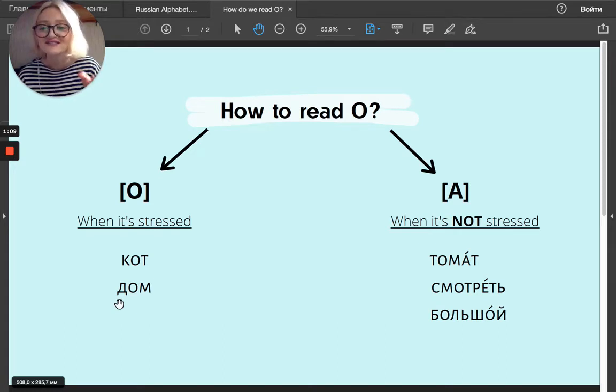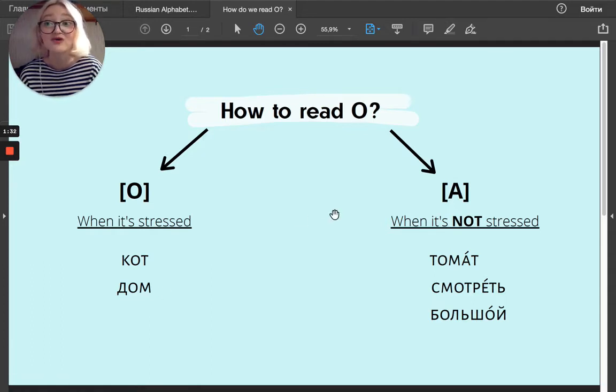As you can see, these short words with only one O, we always read like O because it's the only one vowel and it's obviously stressed. So when you see short words with O in the middle, we never read it like A. Kot, dom. No exceptions, by the way.